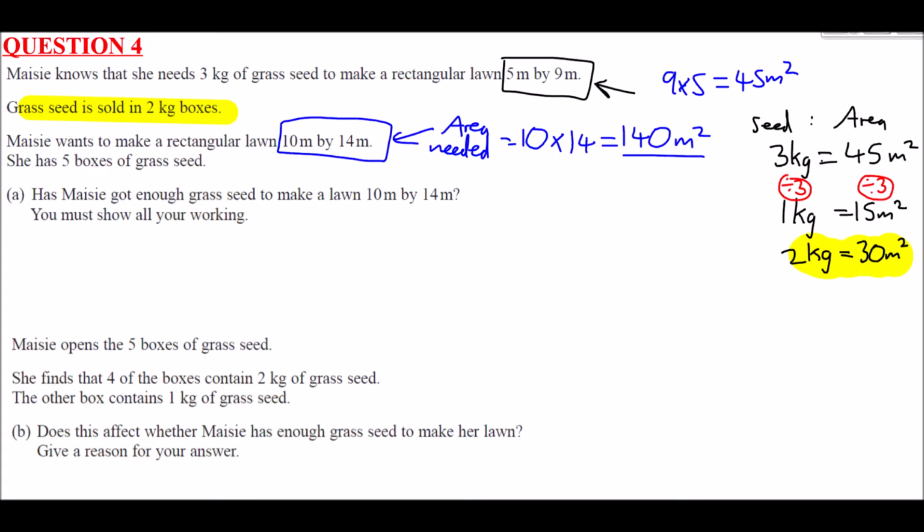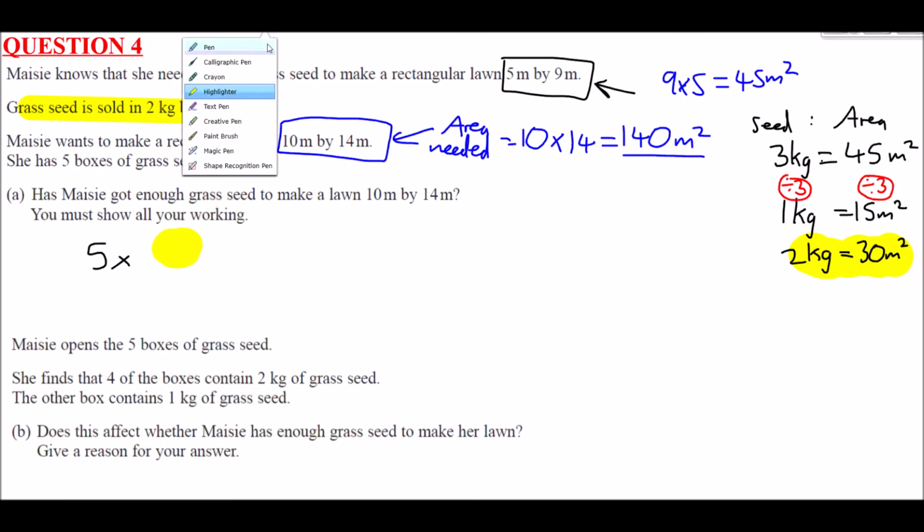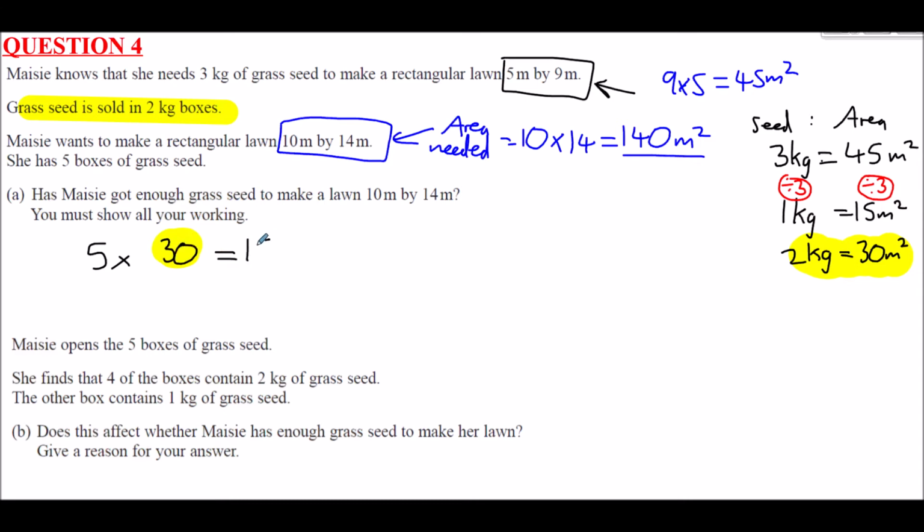And if she's got 5 boxes of grass seed, then each box of grass seed covers 30 square meters. So 5 times 30 is 150 square meters. That's what she's got enough to cover. So she has grass seed which can cover 150 square meters, but she only needs 140 square meters.